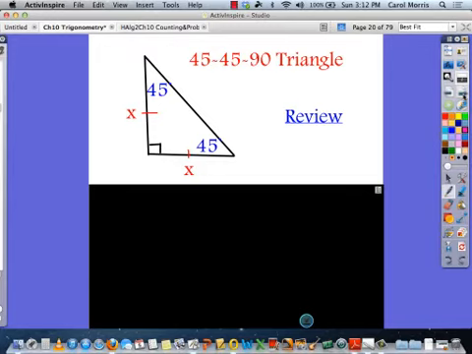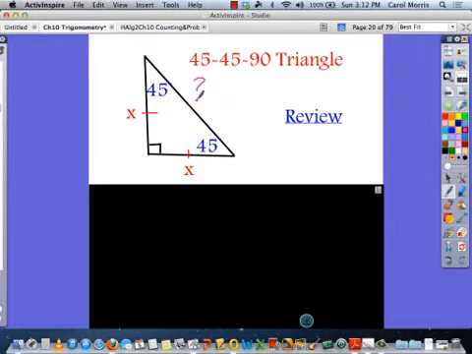Easy. You were in geometry and you spent quite a bit of time discussing 45, 45, 90 triangles and also 30, 60, 90. We call them special right triangles. A 45, 45, 90 is set up similar to this, and you were expected to do the math if we said, hey, find that missing edge.